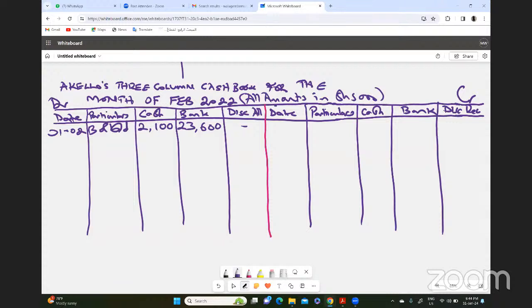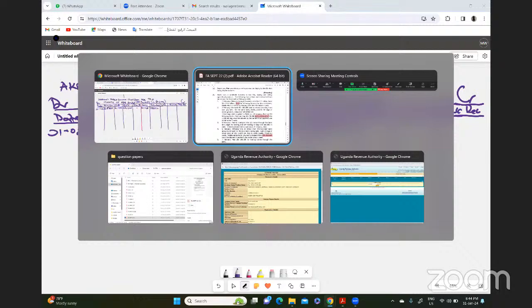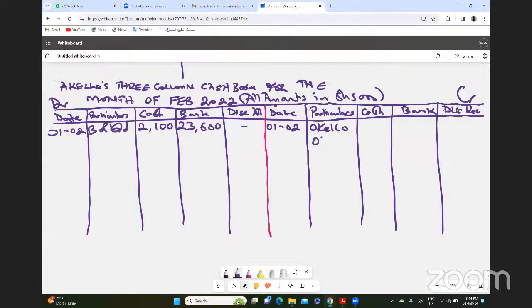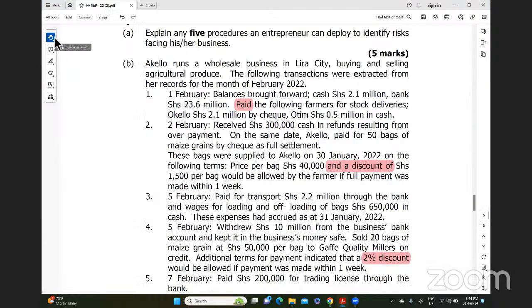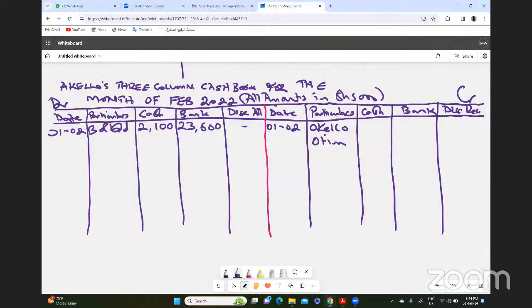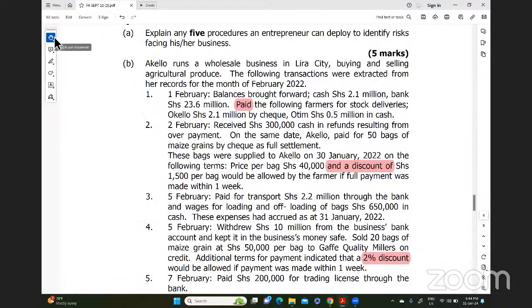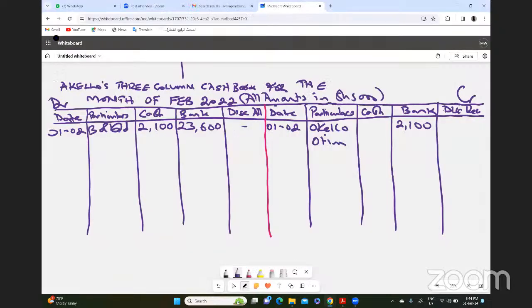Okay, so we are having Okelo. That is on 1st of Feb. We are paying Okelo, and we are also paying Otim. We are paying Okelo using our money in the bank, and that is 2.1 million. And then we are paying Otim 0.5 in cash.